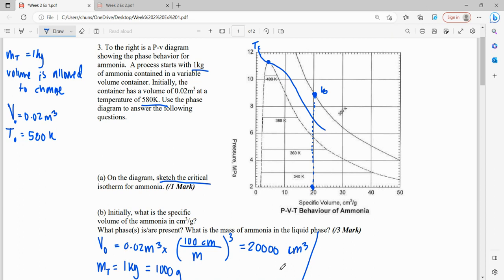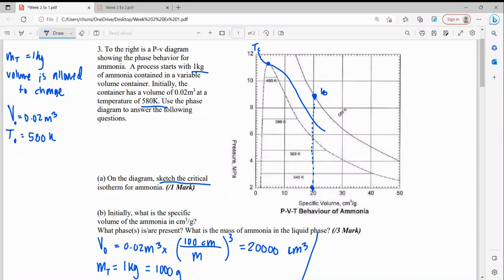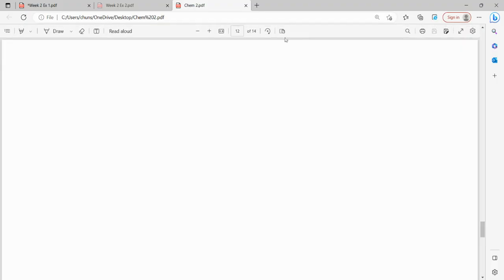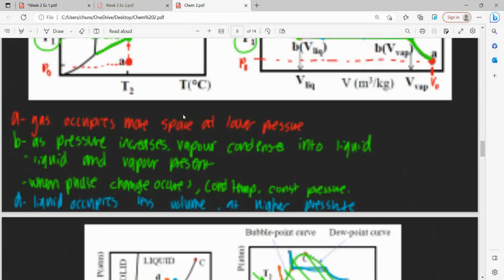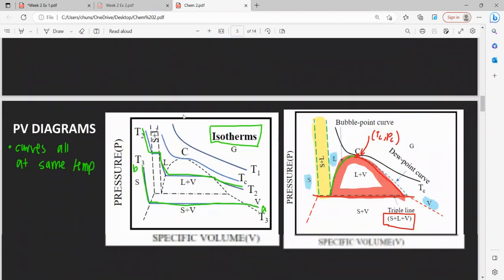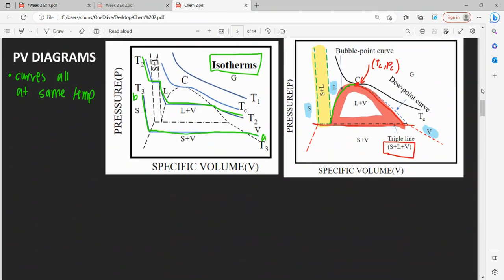So looking at our previous notes, we can see that in our bounds, anything that is above the critical isotherm is going to be in a gas state.